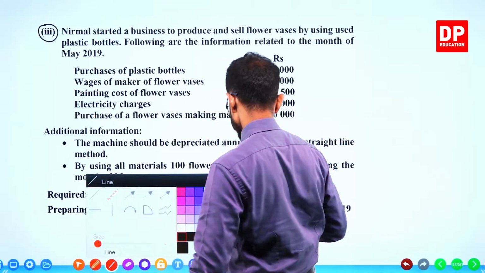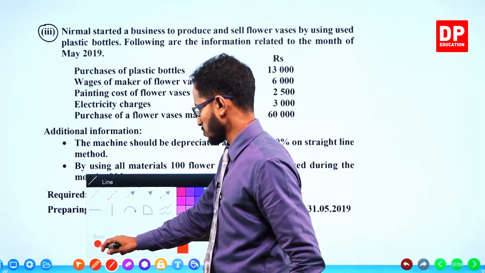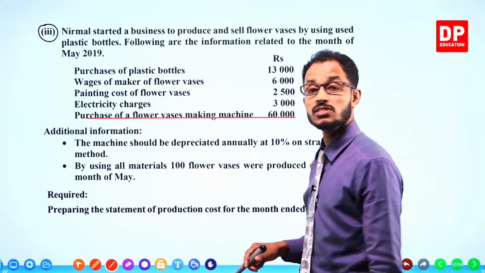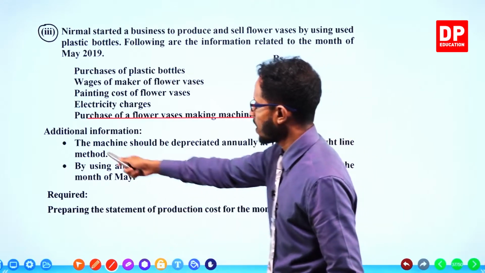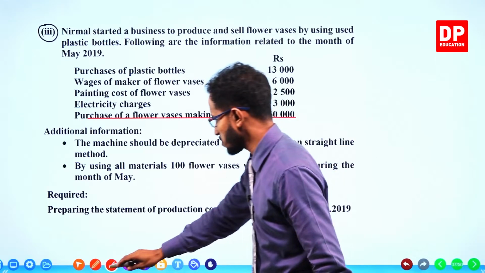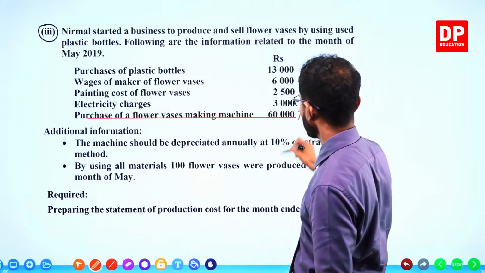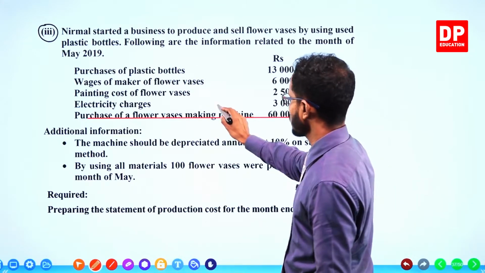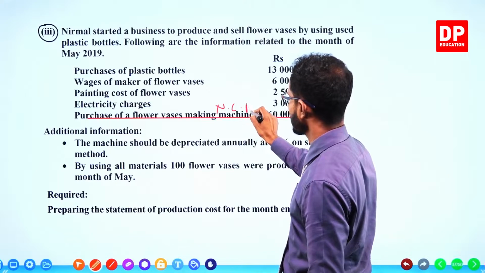Remember children, this item should not be included in your production cost statement. I think this question is about a production cost statement. Additional information, I'm just telling you not to include this in your production cost statement. It's a non-current asset.